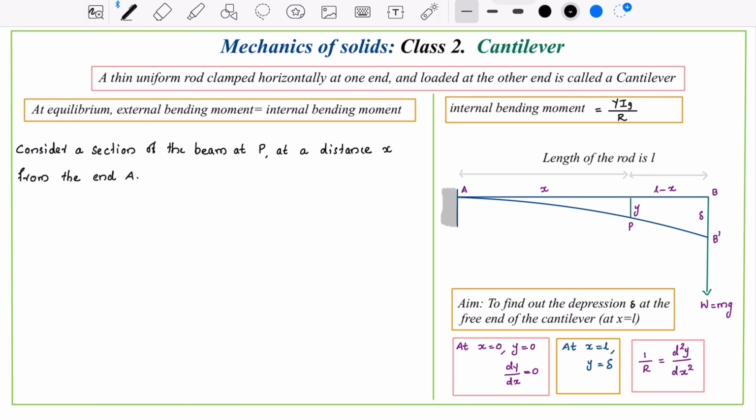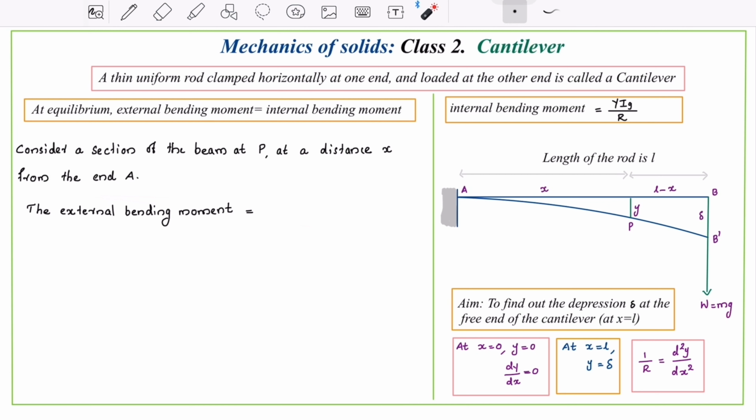We have given a weight W at the end B, and as a result, the beam undergoes bending. So there is an external couple. Why does the beam bend? Because of the external couple. Now what is the value of this external bending moment? Moment means force into perpendicular distance.